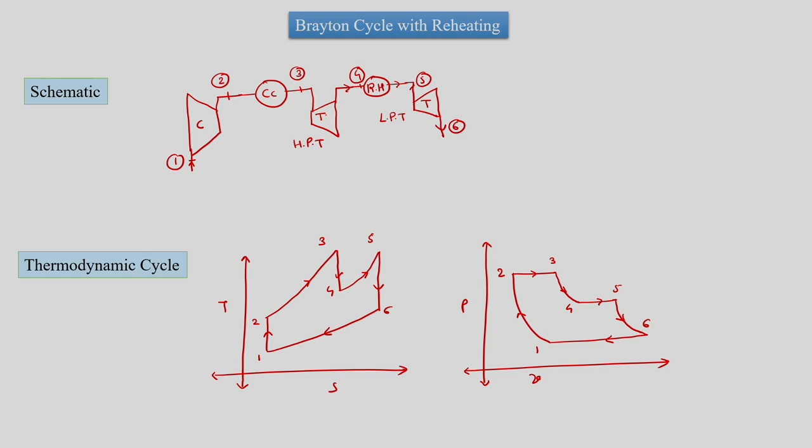So this is how we have different processes in the Brayton cycle with reheater attachment.